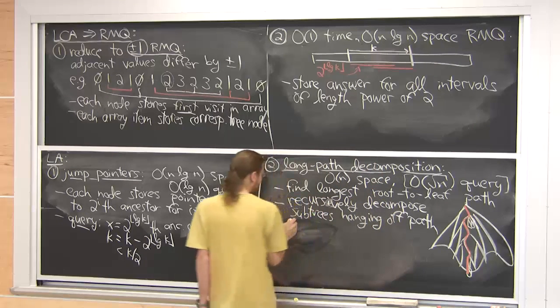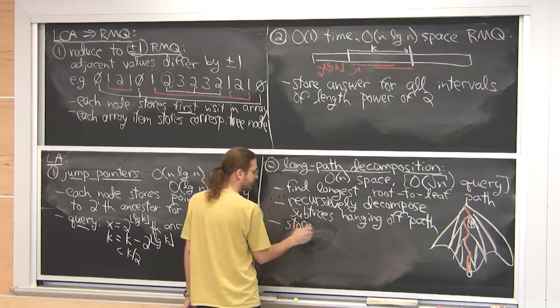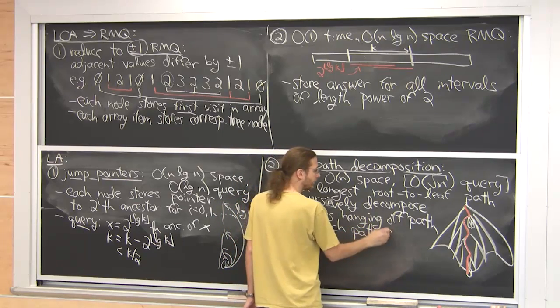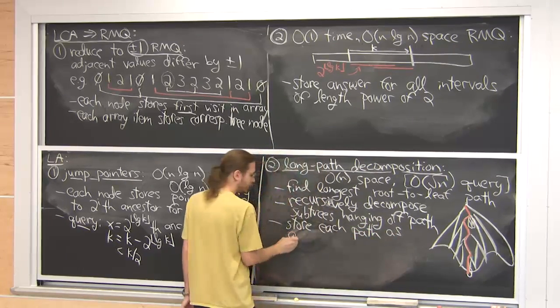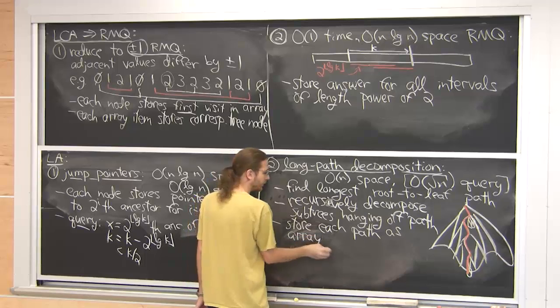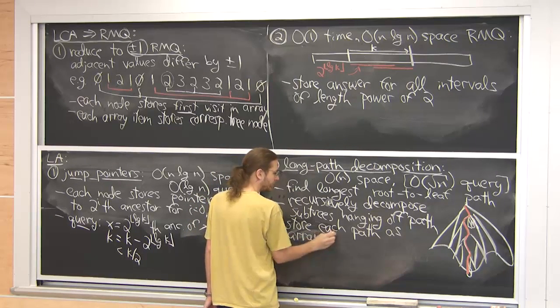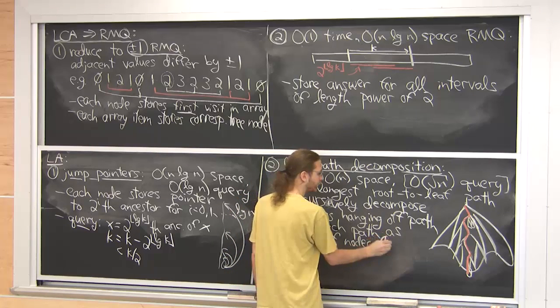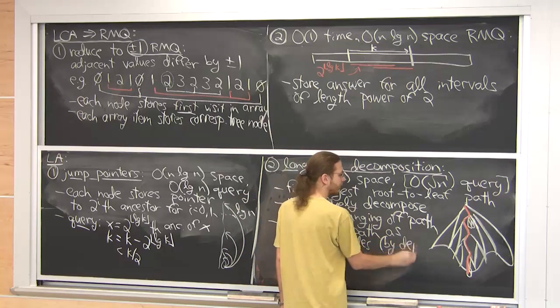So I'm going to store each path as an array of nodes, or node pointers, ordered by depth.